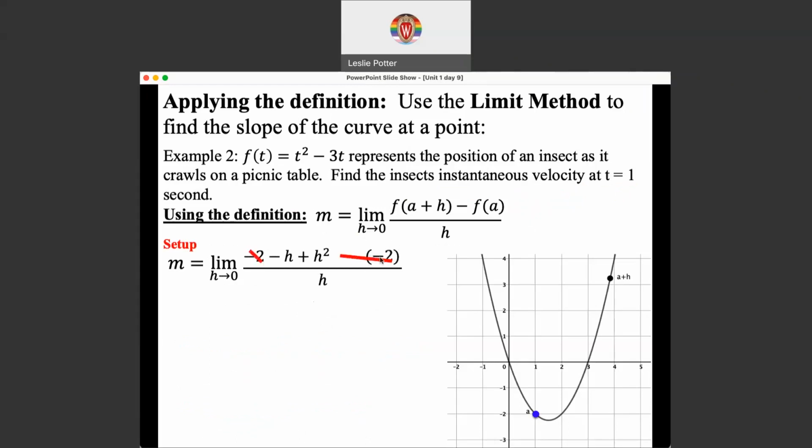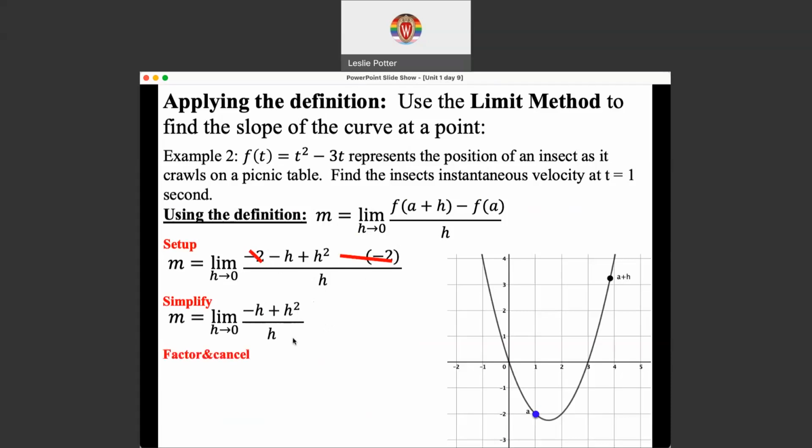Minus 2 plus 2, those will always cross out. You'll be left with h's all over the place. And that's specifically so that we can use a simplification technique from our flowchart to evaluate the limit. So let's simplify this. Now we're left with minus h plus h squared over h. So now we can use the factor and cancel method. This is factorable.